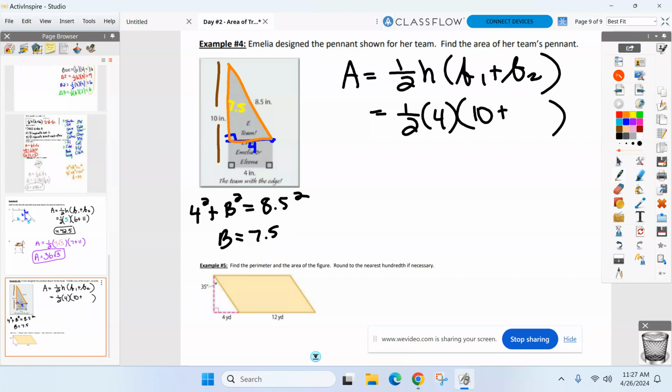Subtract it from 10 and you get the other base, which is 2.5. And that was 10 minus 7.5. And the area is 25 square inches.